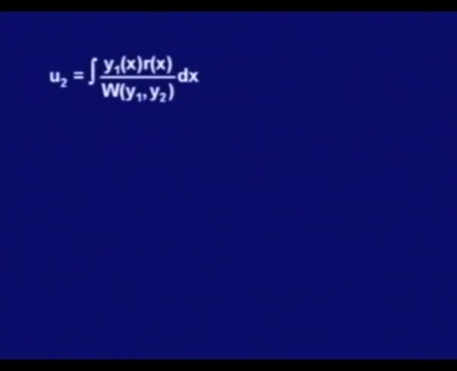What will be u2? u2 is the integral of y1(x) R(x) over the Wronskian of y1, y2, integrated with respect to x. y1 is e to the power 2x, R(x) is e to the power 2x upon x, and the Wronskian is e to the power 4x. The e to the power 4x is cancelling out. I would be getting the integral of 1 by x dx, which we know is log x.